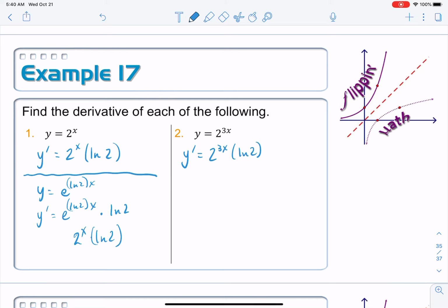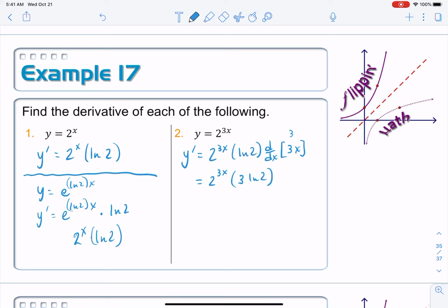And then also, this was a composite function. We have to multiply it times the derivative of that interior function, 3x. The derivative of 3x is just 3. So I'm just going to take that 3 and put it in front of this, 3 natural log of 2. And for sure, you are absolutely done with this one.